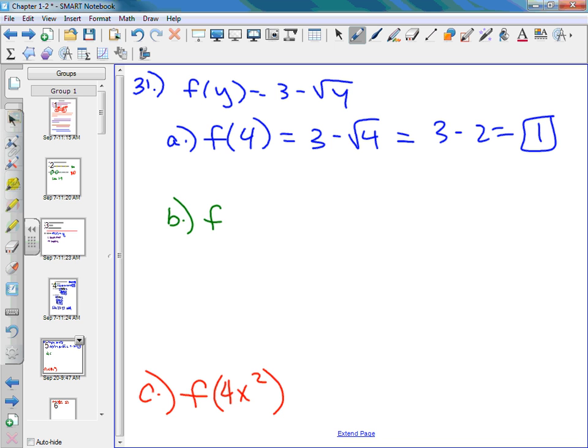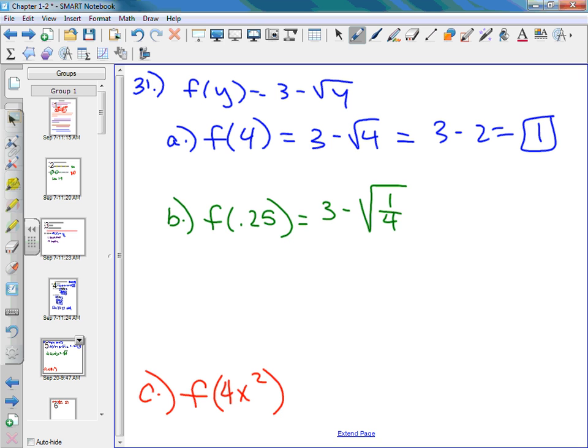Part B, f at 0.25. What do I do? I have 3 minus the square root of 1/4. Why did I put 1/4? Because 0.25 is the same thing as 1/4.